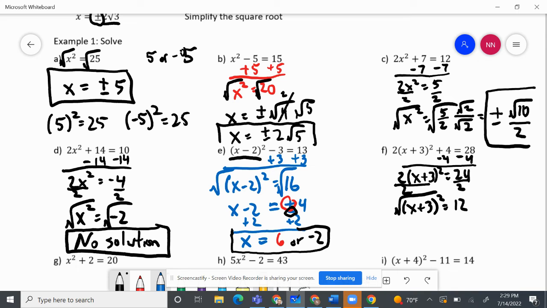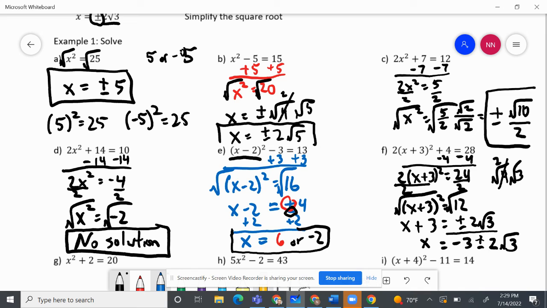Then we're going to take the square root. And remember, 12 is 4 and 3, and the square root of 4 is 2. So x plus 3 equals plus or minus 2 square root of 3. And then we subtract the 3, so our final answer is negative 3 plus or minus 2 square root of 3.